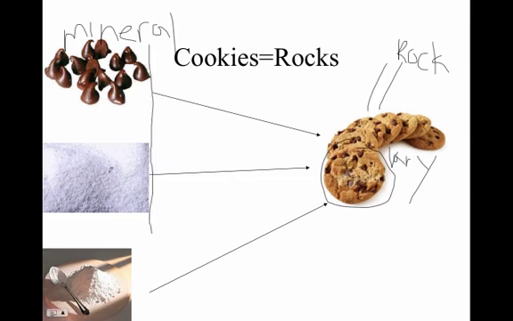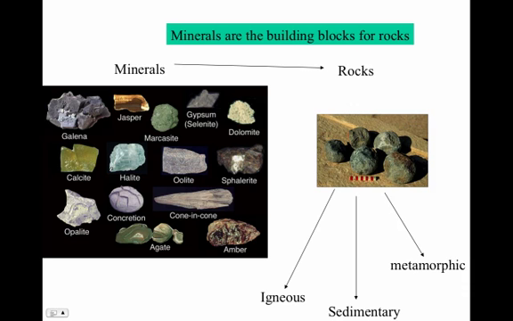So let's go on to talk about minerals. Minerals are the building blocks to make up rocks. And there are hundreds of different minerals, all with different properties. What I mean by that is, if I took a slab of calcite, which is right here, the properties of calcite are going to remain the same.